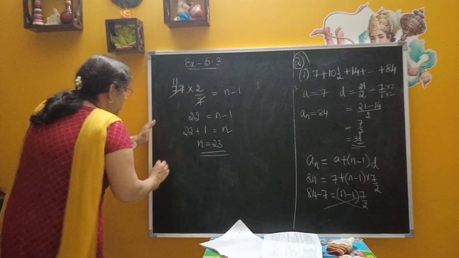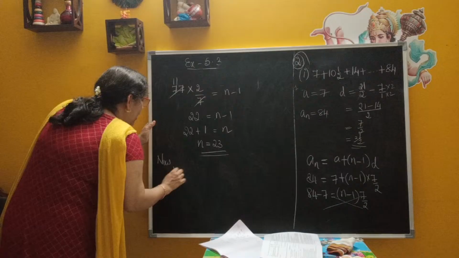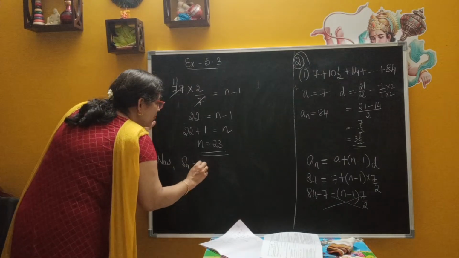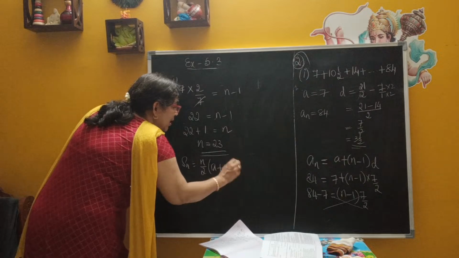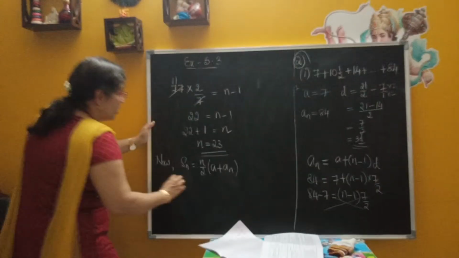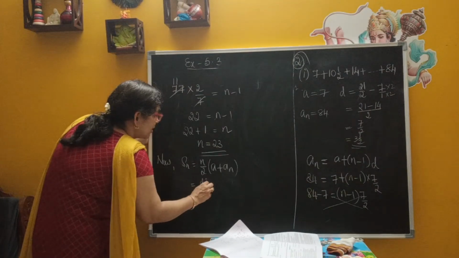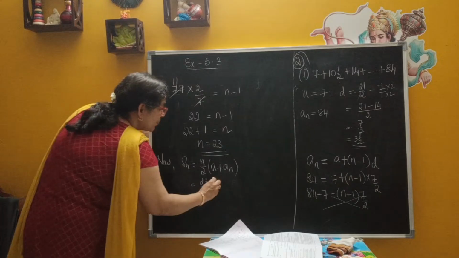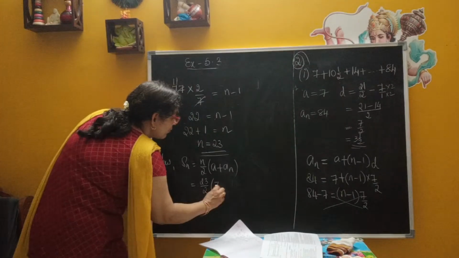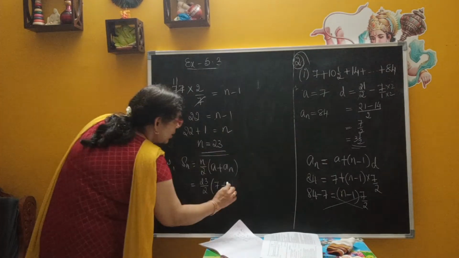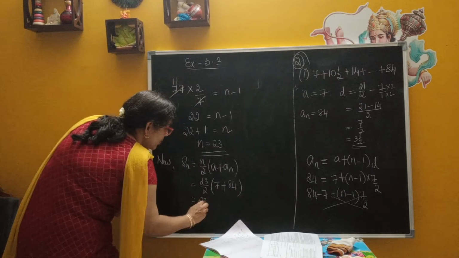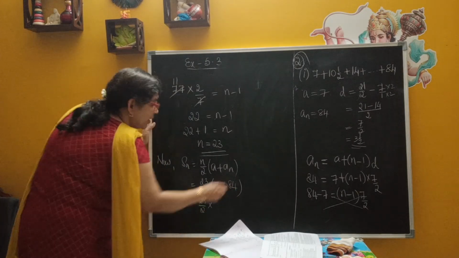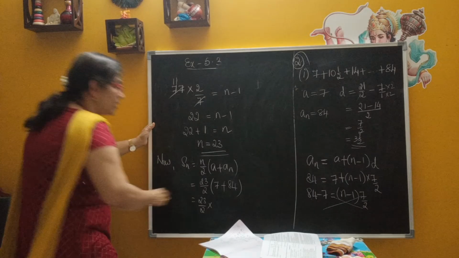So Sn is equal to n by 2 into (a plus an) or (a plus l). So n value 23 by 2. A value how much? 7 plus an how much? 84. So 23 by 2 into (84 plus 7), how much is it? 91.